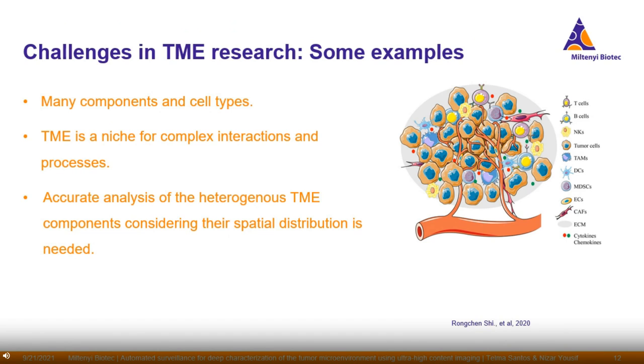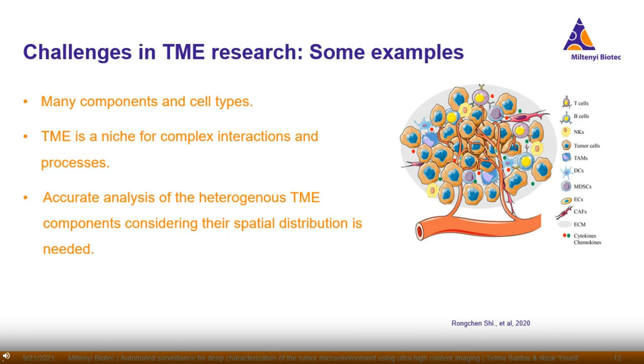Now, let's have a look at some examples of pain points that make TME research challenging. The TME consists of many cell types and many structures, and this makes it difficult to understand what is going on there. There are lots of complex interactions and processes going on in the TME. It's very important to understand TME heterogeneity.